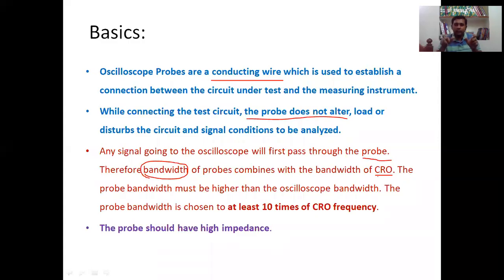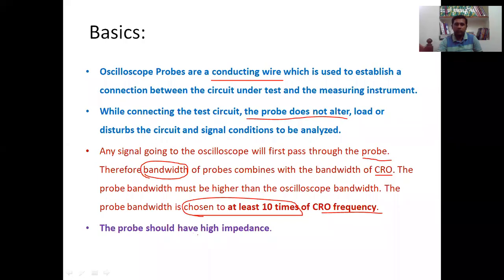Then the bandwidth of your probe and CRO gets combined. So the probe bandwidth must be higher than the oscilloscope bandwidth, and the bandwidth of the probe is chosen to be at least 10 times the CRO frequency.